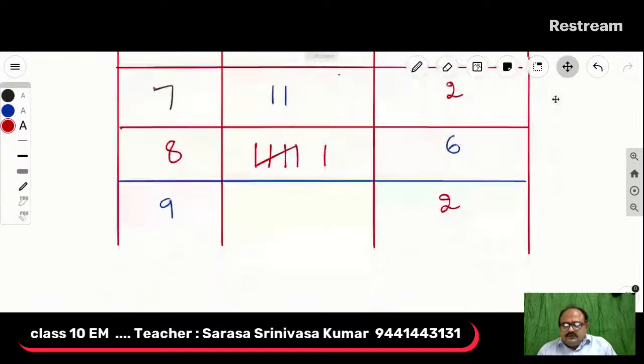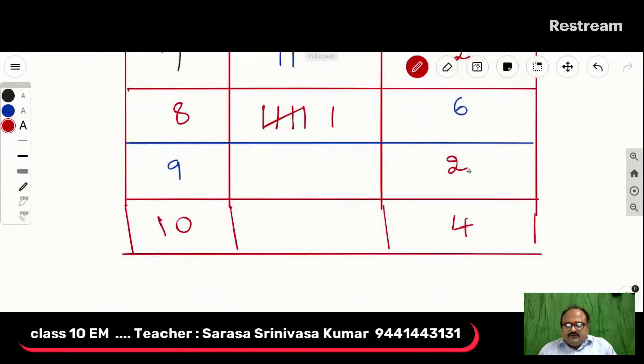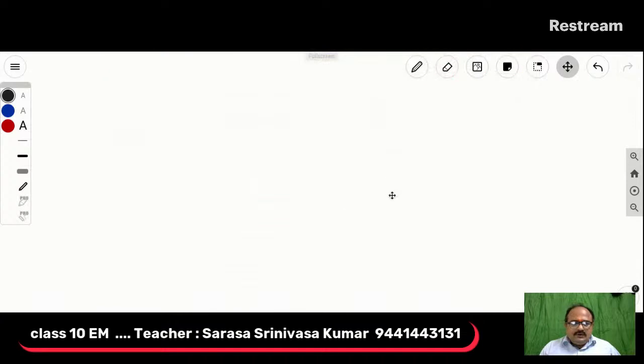Now 9 marks are obtained by 2 students. Tally marks can be written as 1, 2. So we should write 4 tally marks. 1, 2, 3, 4. So this is how we prepare the table with the help of tally marks.